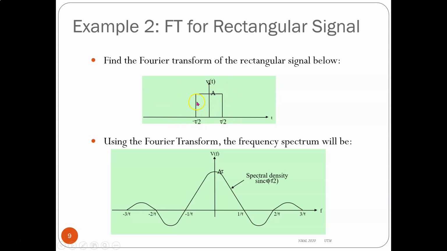So if you want to find the Fourier transform of the rectangular signal, using the same knowledge as before, the lines of the spectrum will become closer and closer together, and will form this sinc function. This sinc function is actually the Fourier transform of this rectangular signal.